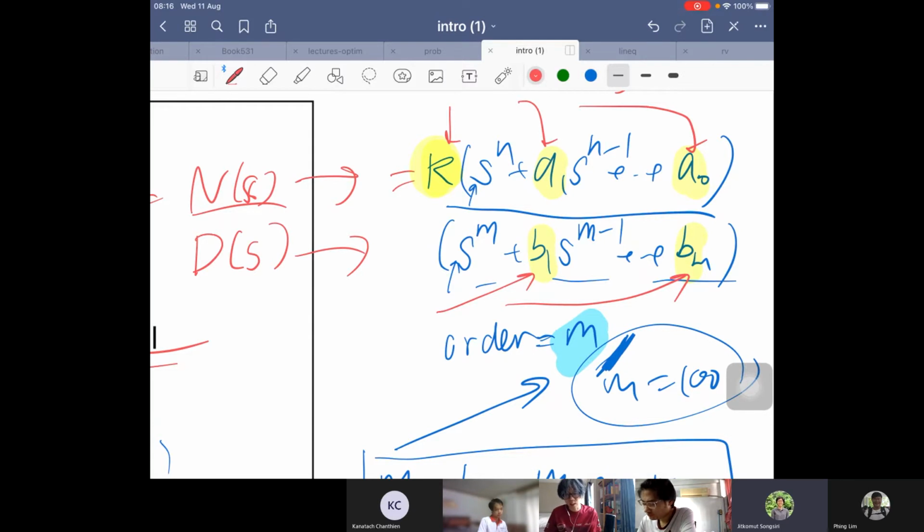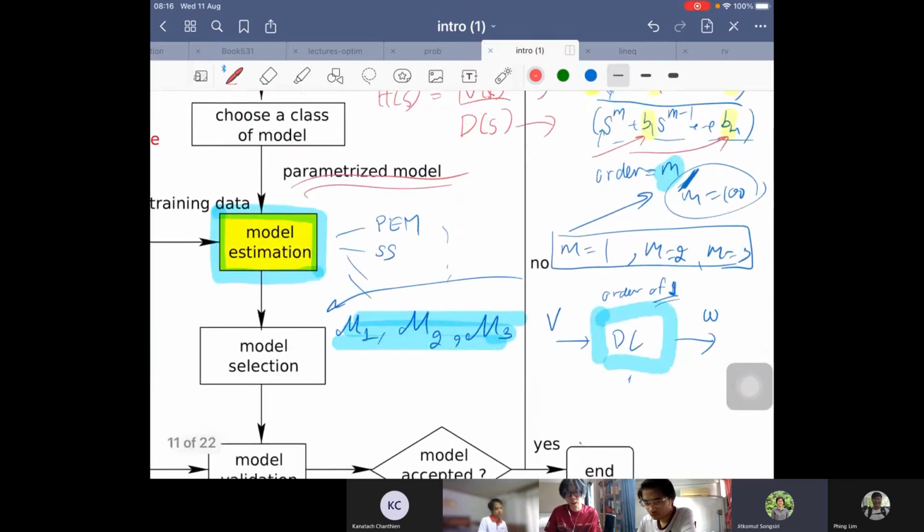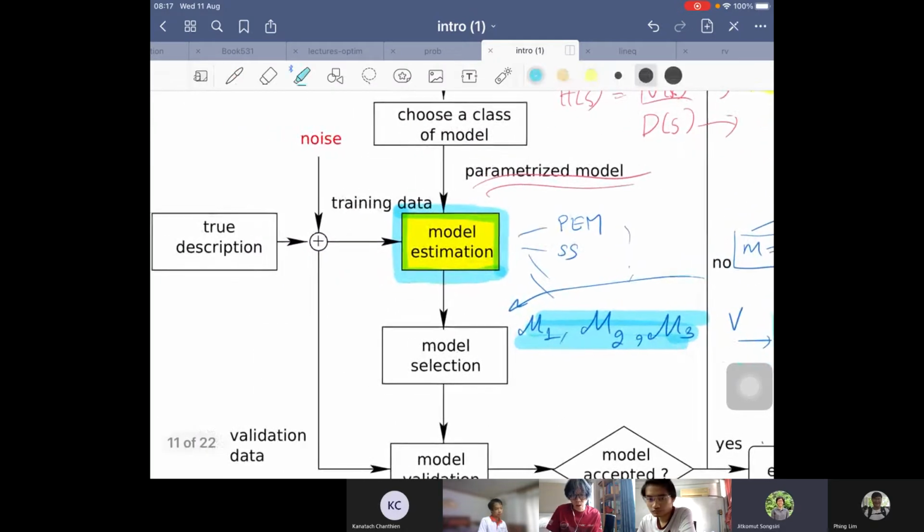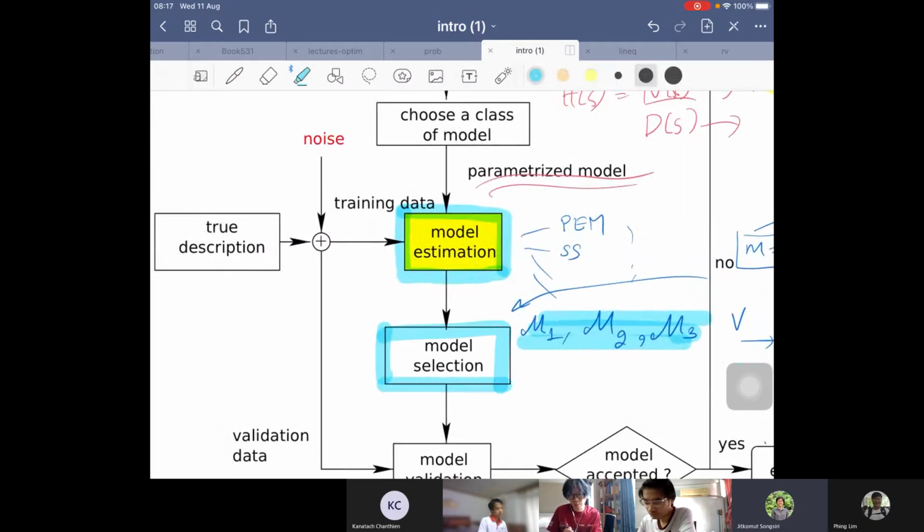So you would think a more complex model should have higher quality. But that's only one aspect we should use in order to choose a model.